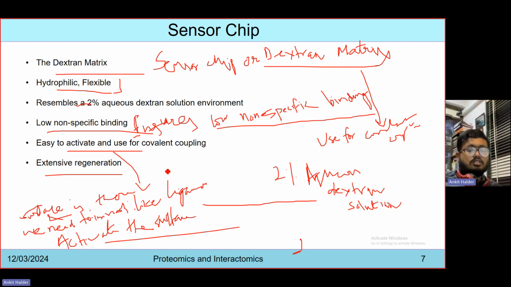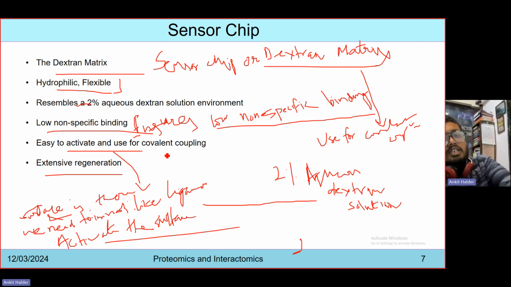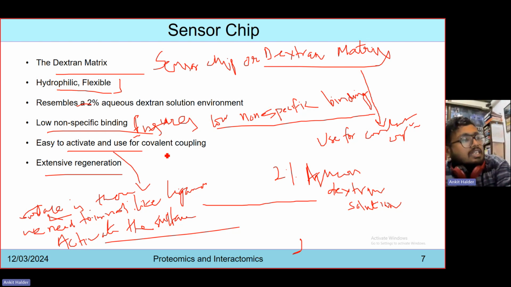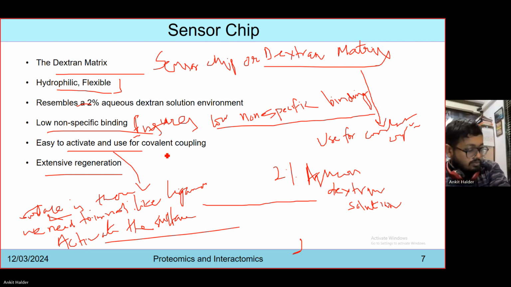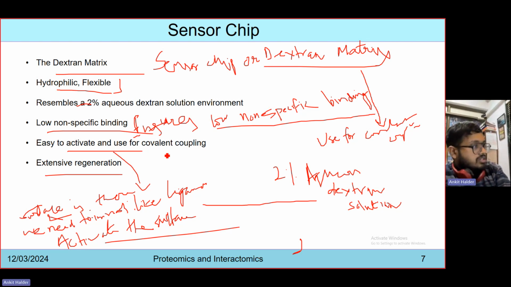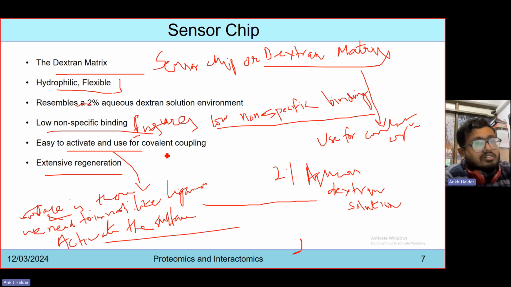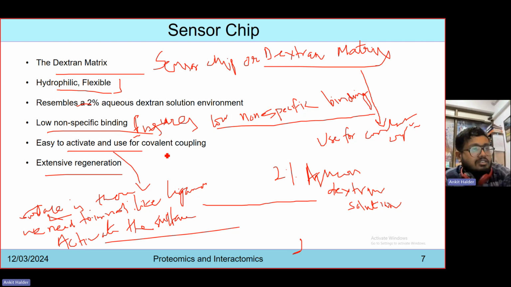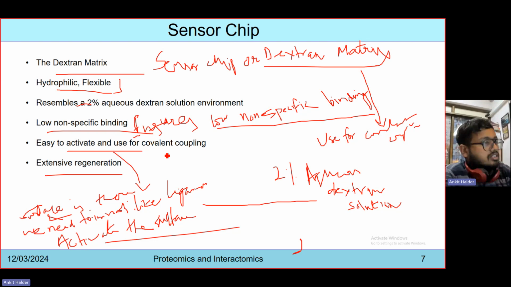So the first chemistry, we can understand, is hydrophilic and resembles an aqueous solution. It ensures low non-specific binding, it is easy to activate and use for covalent coupling, and it is used for extensive regeneration.